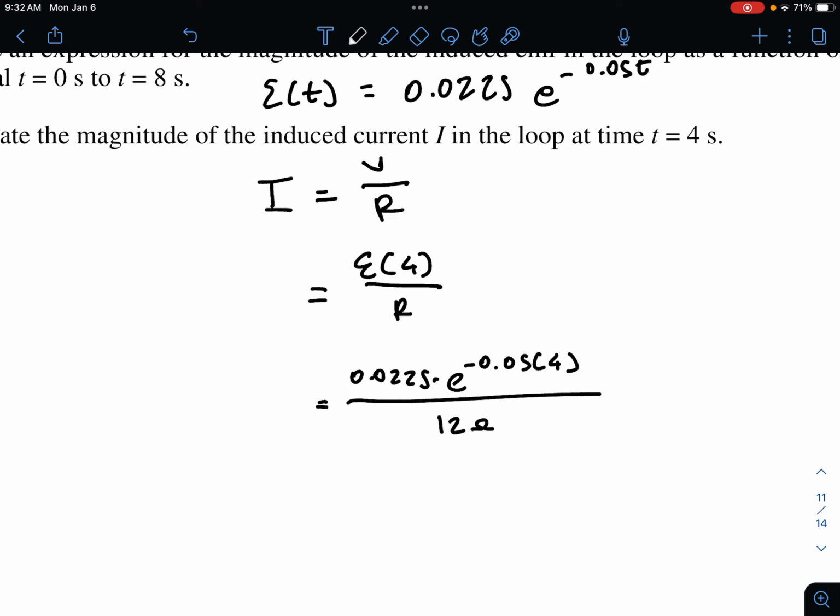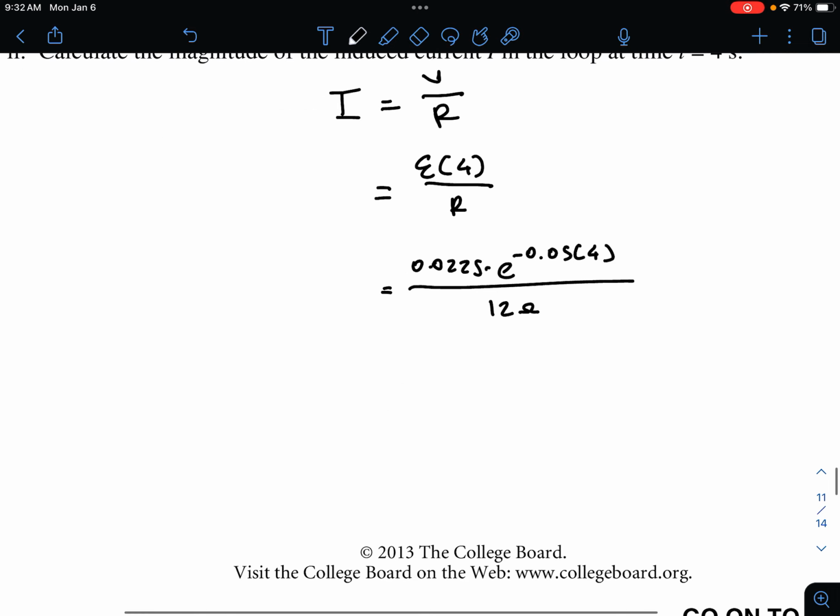You get a really small number, divide that by 12, and you get 1.54 times 10 to the negative 3, which is just milli, so milliamps.